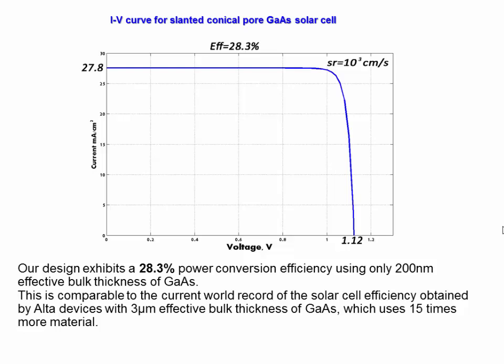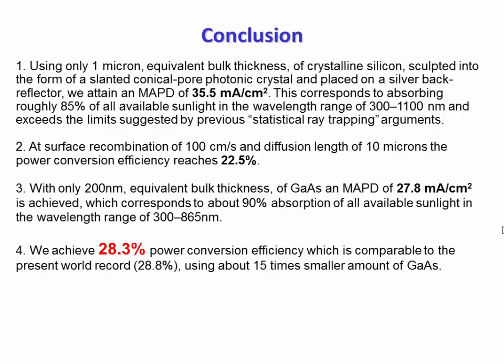And it happens at surface recombination of 10 to 3 nanometers. And this is actually comparable to the current world record of single junction solar cell efficiency obtained by Alta Devices with 3 microns effective bulk thickness of gallium arsenide, which uses, as you can see, 15 times more amount of material.